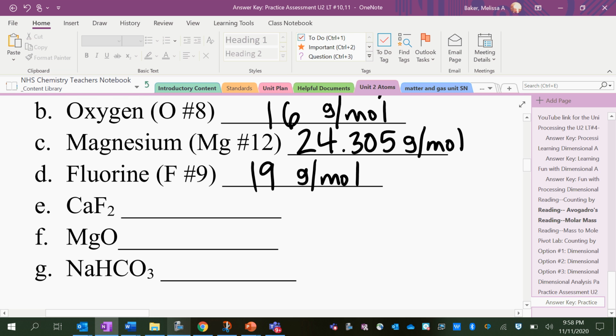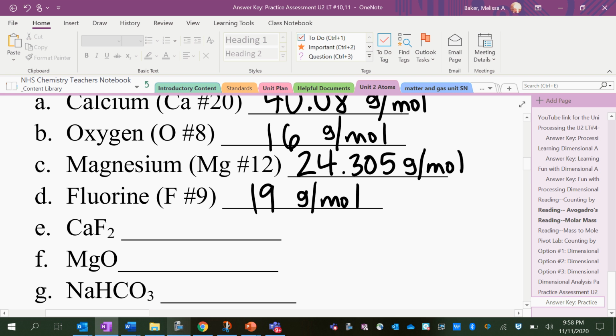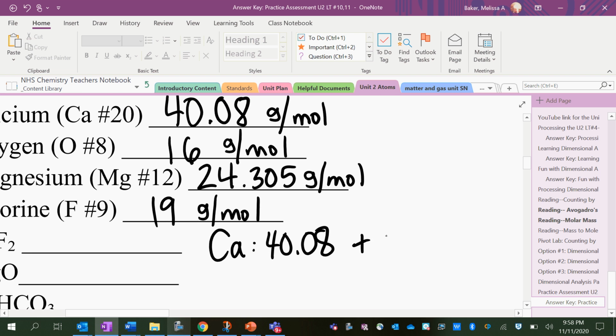And now it's asking us to add some elements together. So calcium is 40.08 from above plus 2 fluorines. So 2 times 19. I'm going to go to my calculator on my phone and do 2 times 19 plus 40.08, 78.08.